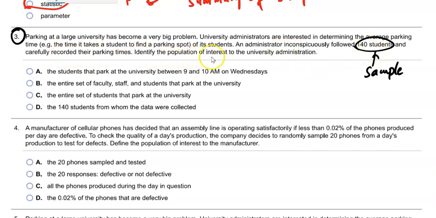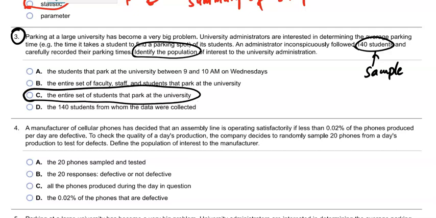Identify the population of interest to the university administration. They surveyed only 140 students to see how much time they took to find a parking spot. But in the question, you have to identify the population. The population must be the entire set of students who park at that university. So part C is the right answer here. Remember that B looks convincing, but it says the entire set of faculty, staff, and students.